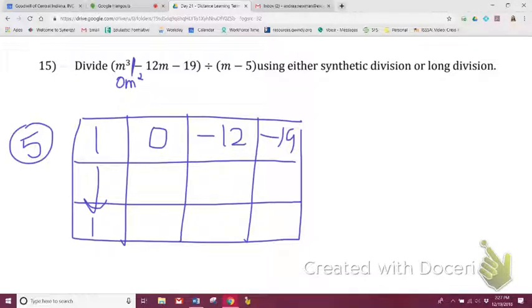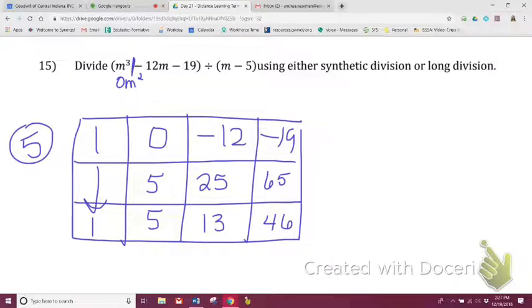Multiply, then add, because they're both positive. Repeat the process. When I multiply, I get 25. Add to get 13. Multiply to get 65. Add to give you 46.